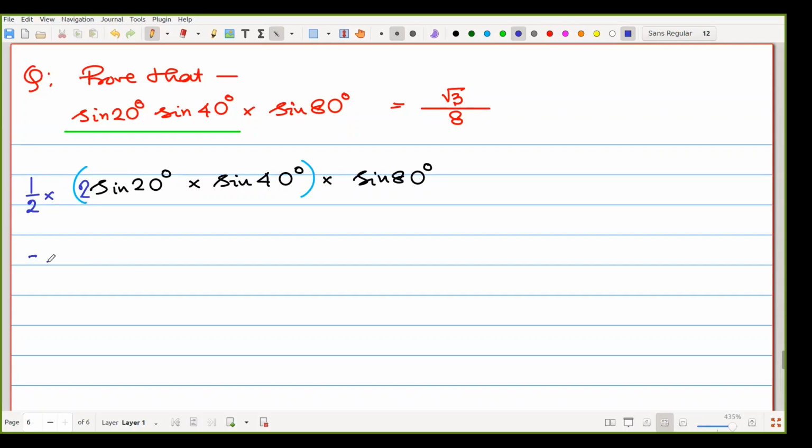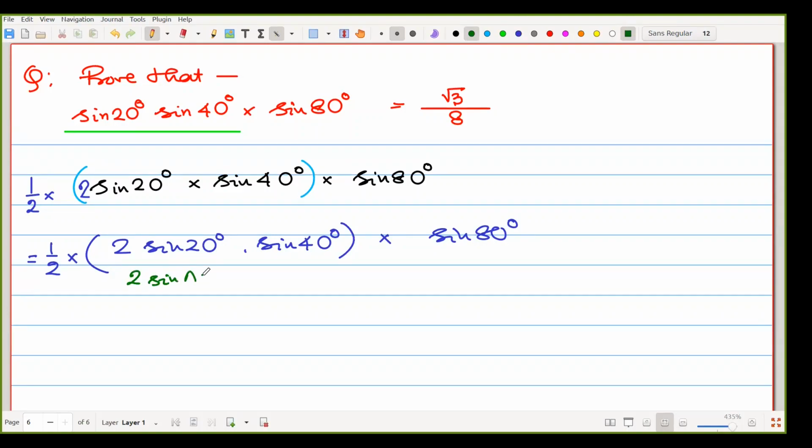So the next is half into 2 sine 20 degree into sine 40 degree into sine 80 degree. So as usual, that one is now 2 sine A sine B. So we can use the same formula like half into cos of A minus B.